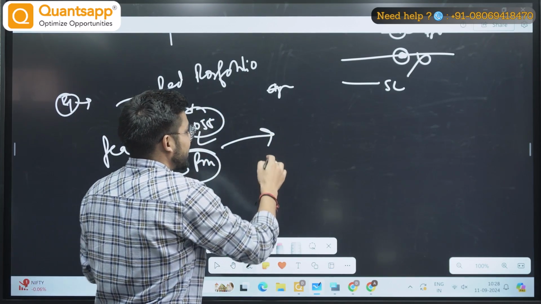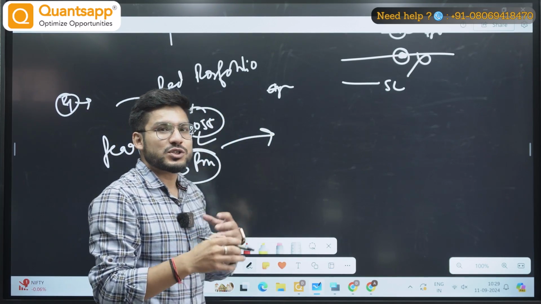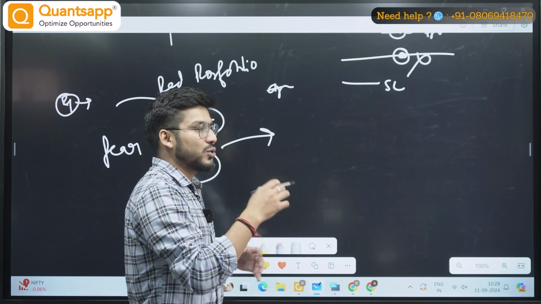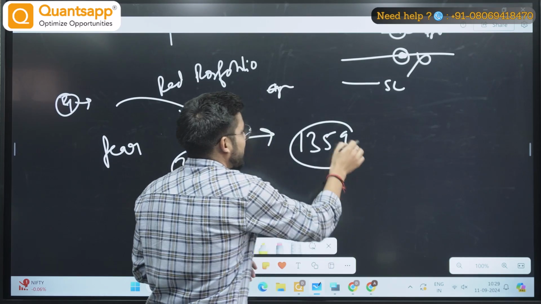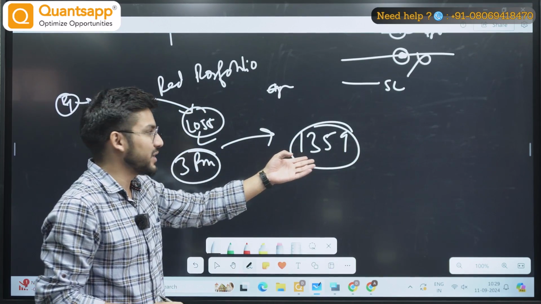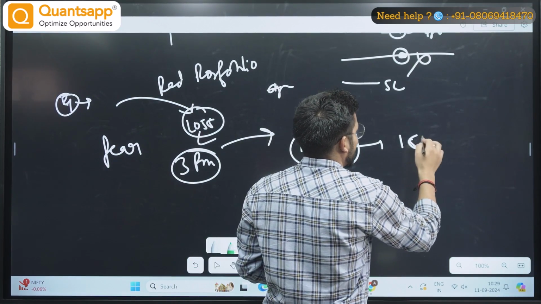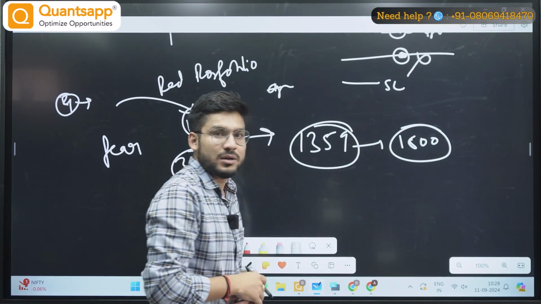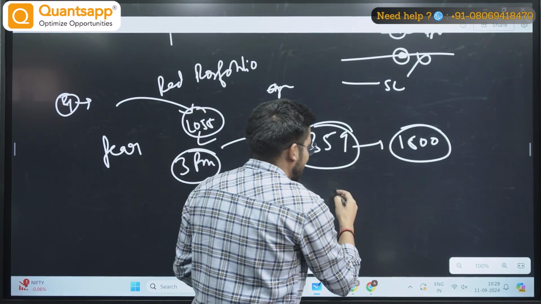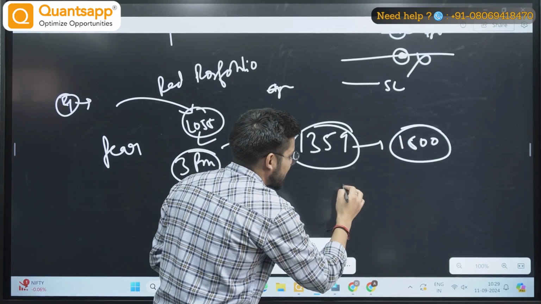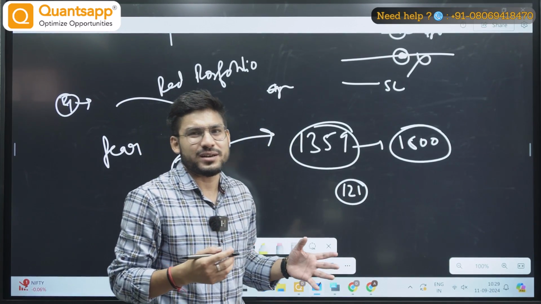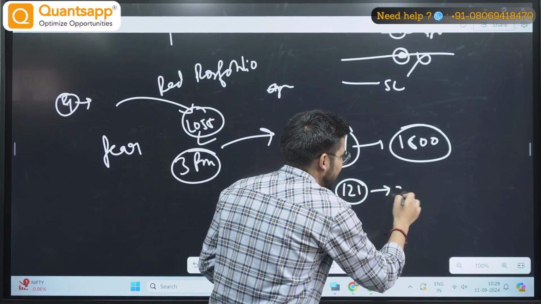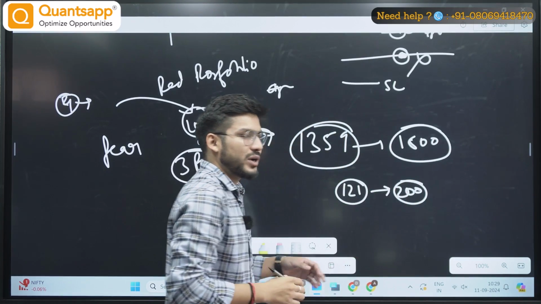Another reason included here is that a person wants to attain an absolute number. You have seen in the market, if there is a profit of 1359, the person thinks, let's make it 1500, because he wants to attain an absolute number. Similarly, if a person has a loss of 121, he thinks, let's take one more trade here, and I'll exit if it makes 200 loss.